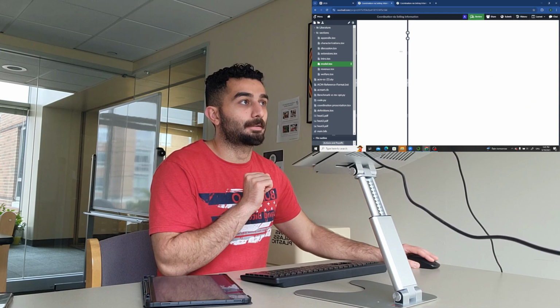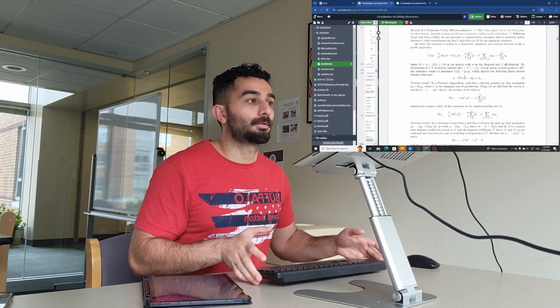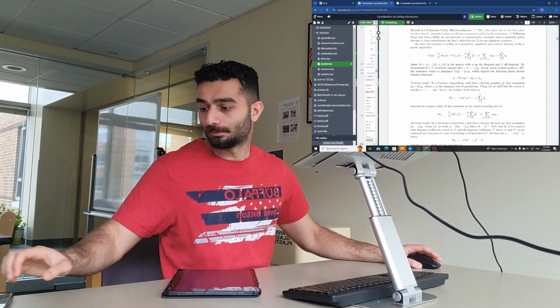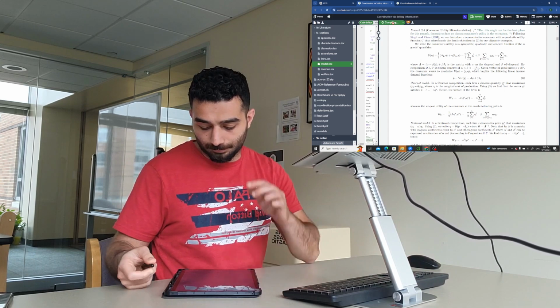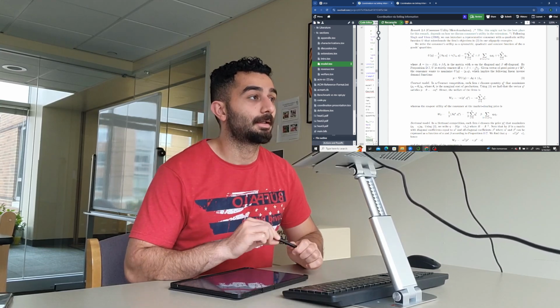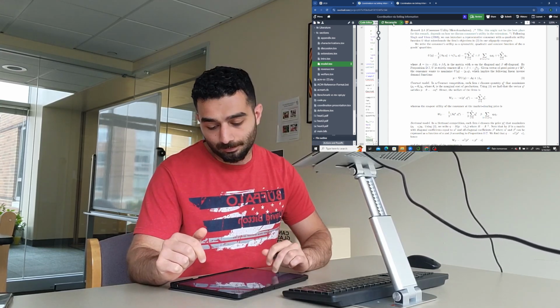If I want to match this part with the other part, here it says P is AQ plus gamma 1n.